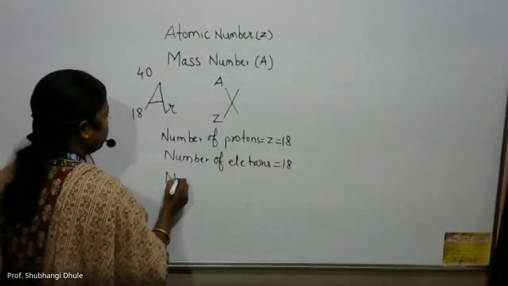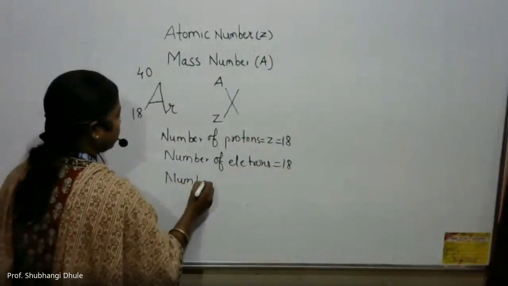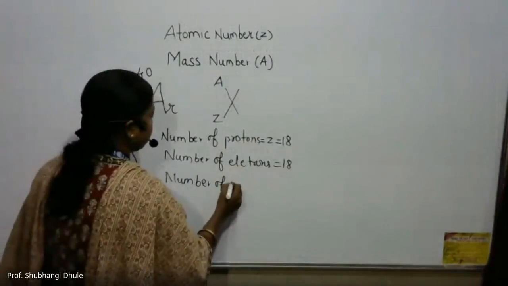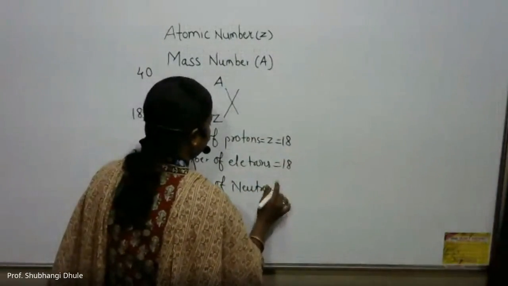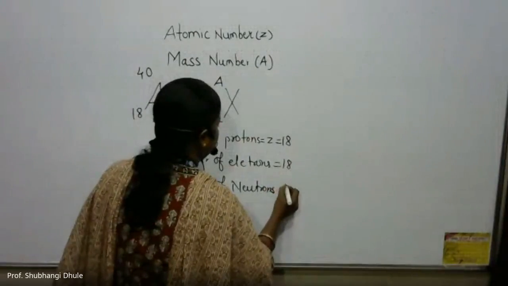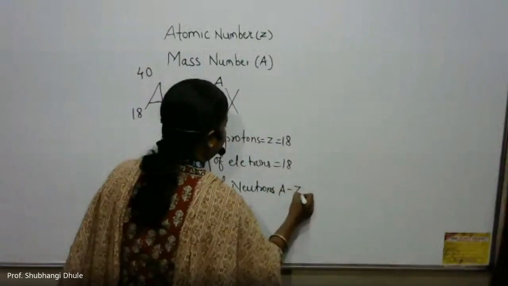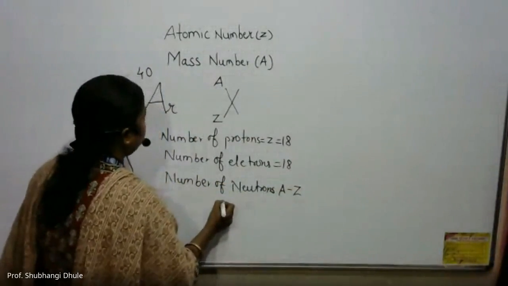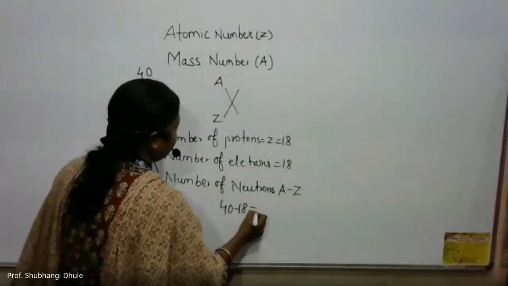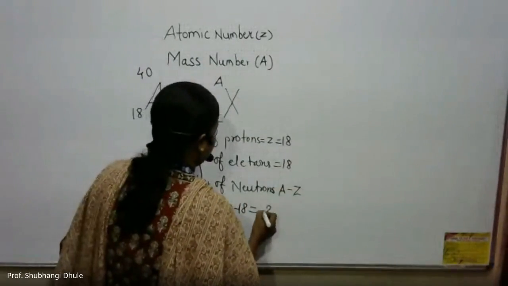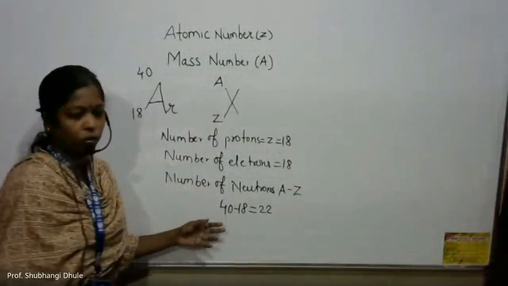Now the number of neutrons becomes the atomic mass number A minus Z, that is 40 minus 18, which is 20. So these are the number of neutrons.